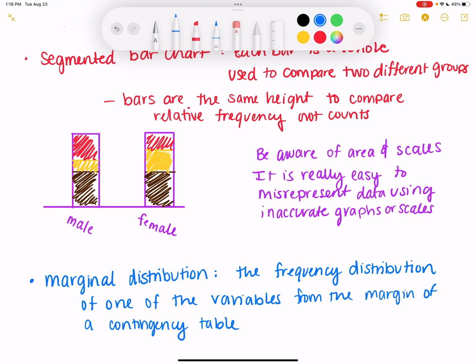All this means is that it's just giving you the total out of the final column. It's just a fancier way of saying it.